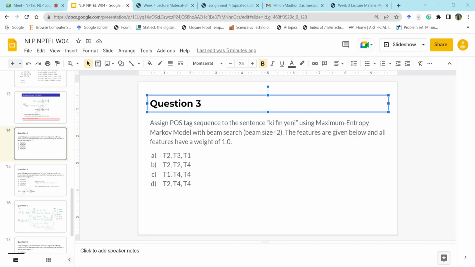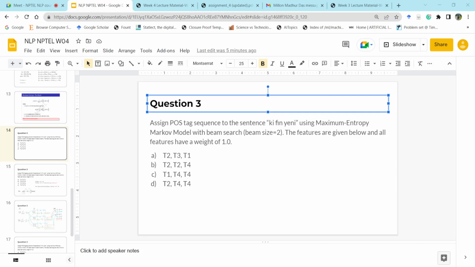And we know ene can be T1 and T4. And we have to find out the final POS tags based on this maximum entropy model. So this is our question.